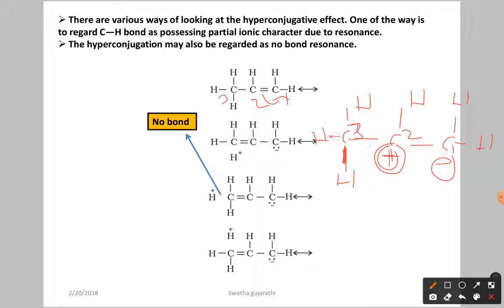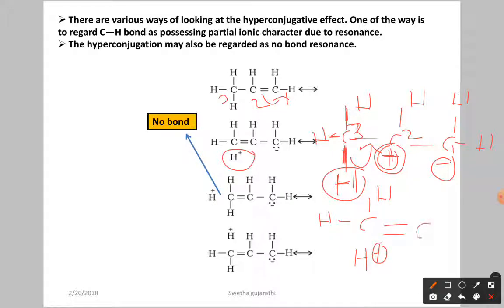First, second, third, we have 3 CH bonds. Now shift one electron here. What happened now? This hydrogen is going to get the positive charge. Both are the same. So now H, here we have H, then H plus. Then here you are going to get a double bond and CH. Here you are going to get the C minus and H. H is there. Okay, this is the structure.